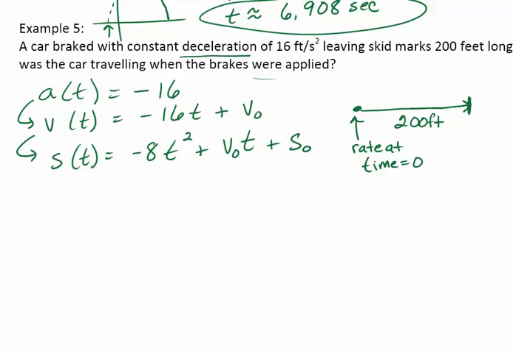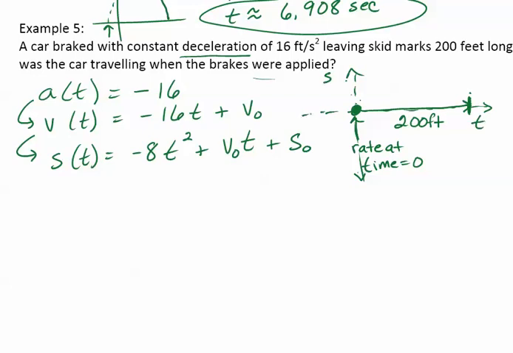And what position is the car at? Well, it really doesn't matter what position. If you said that this was at position 10 feet, then this would be at 210 feet at the end. So we might as well have this be our starting point. So we might as well let this be our xy axis, or in this case our st. This would be our s axis and our t axis.